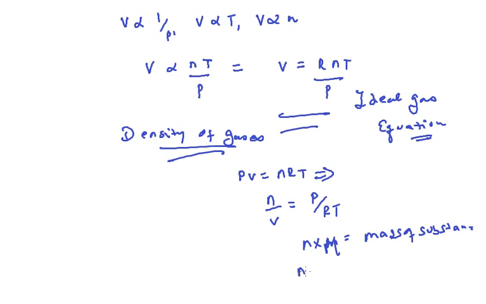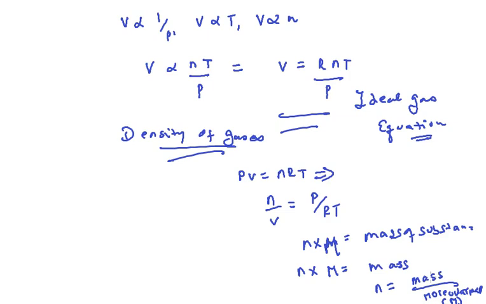I can use n times a big M, the molecular mass of the gas, which gives you the mass of the substance. In other words, the number of moles. If you want to know the number of moles, for example from our Chemistry 101, it would be the given mass of the gas divided by the molecular mass, right? Molecular mass. I don't have enough space here, so I should write capital M here.